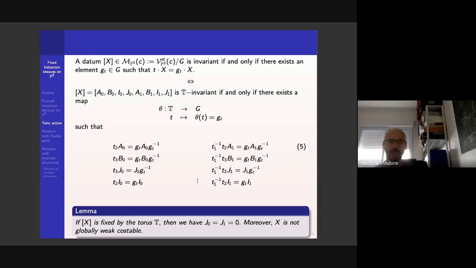This is similar to the case of the toric action on P2, for instance, if we consider the Hilbert scheme, there is a proof of Nakajima that the matrix J is 0. And actually, the proof is a variation of the proof of Nakajima.